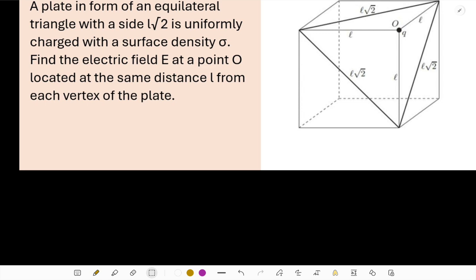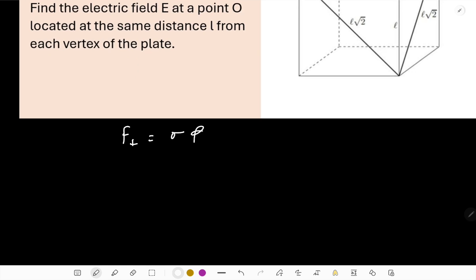Yeah, we do it sometimes. And this formula will be something like F perpendicular equals sigma phi. And what is it? Sigma is the surface charge density of a uniformly charged plate, and phi is the flux of the external electric field.